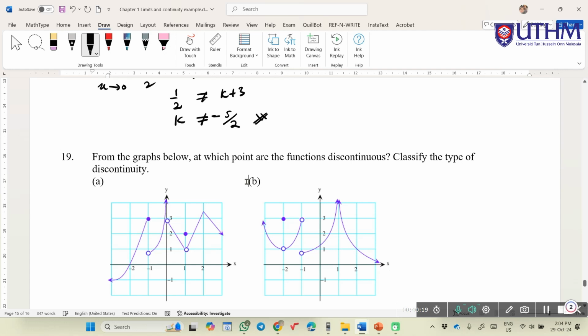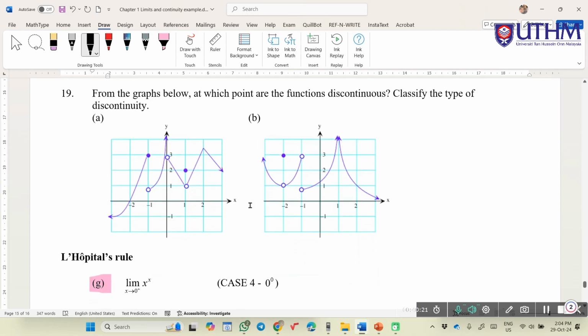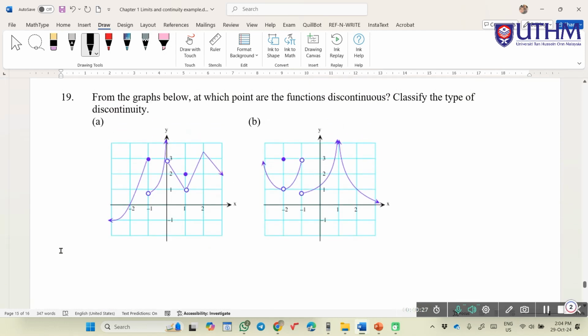For example 19, we just look at the given graph. From the graph below, at which points are the functions discontinuous? Classify the type of discontinuity. We look at the first graph first.